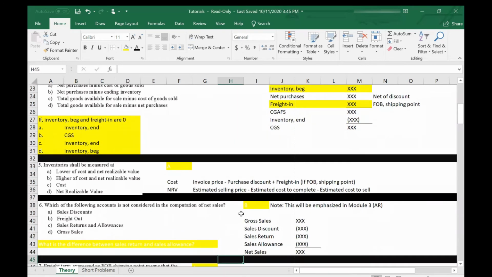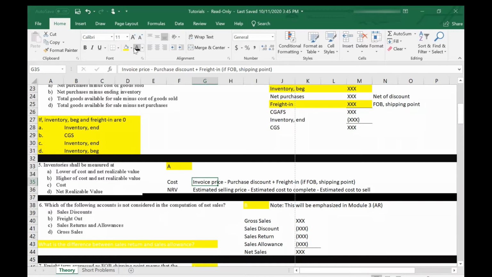Ito, 4, very na siya, na emphasize natin siya earlier. So inventory shall be measured at the lower of cost and NRV. So how do we compute for cost of inventory? It's the invoice price. And as mentioned, if there's a discount, we assume that the discount is taken or availed of by the entity, no?